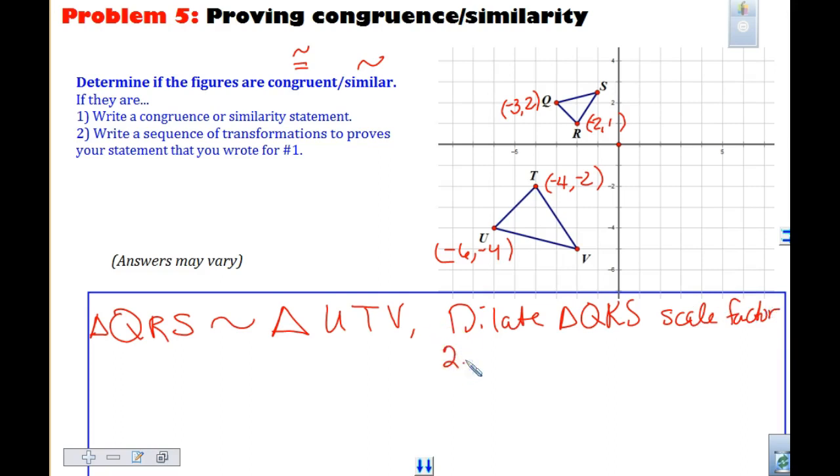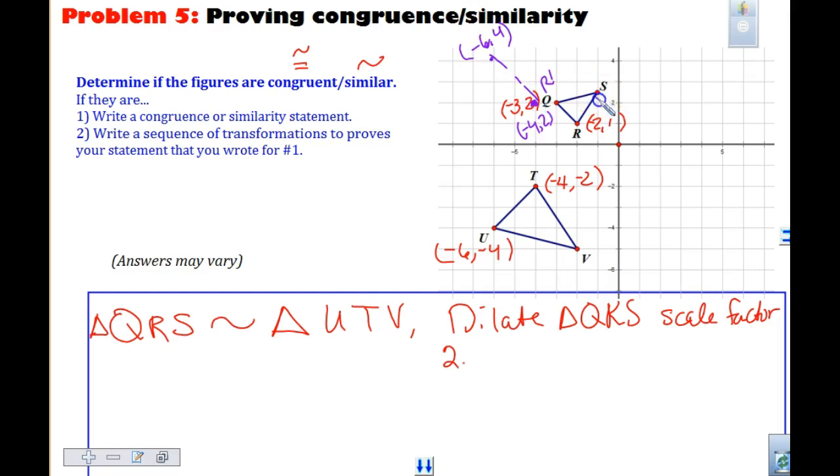If we started with a scale factor of 2, I'm going to look at where are my new points. So negative 2, 1 is now going to be at negative 4, 2, right? So negative 4, 2, that is my R prime. Q prime was at negative 3, 2, it's now going to be negative 6 and 4. Does it look like we're going to be able to reflect it right over again and it's going to match up exactly?